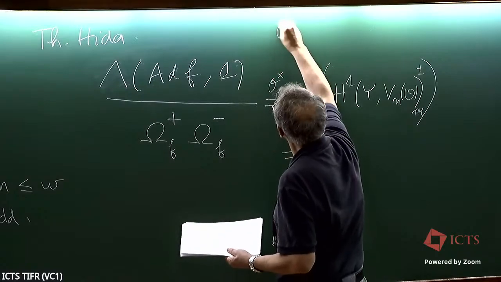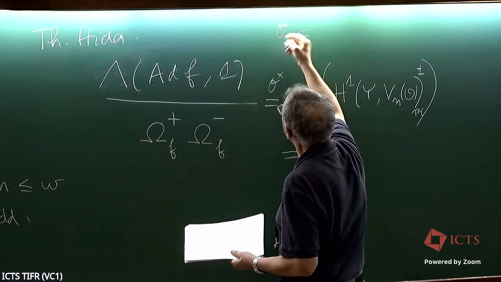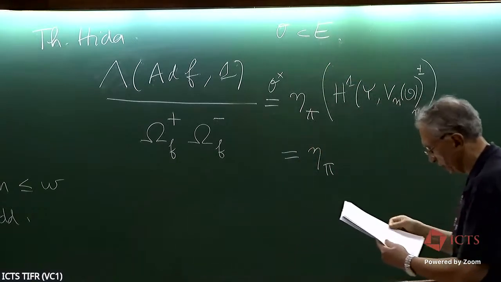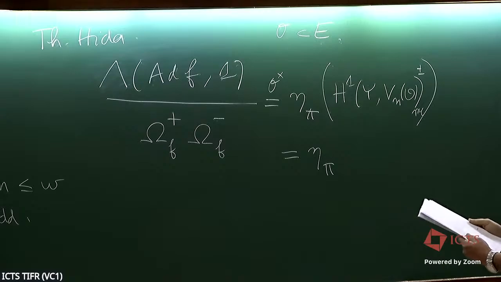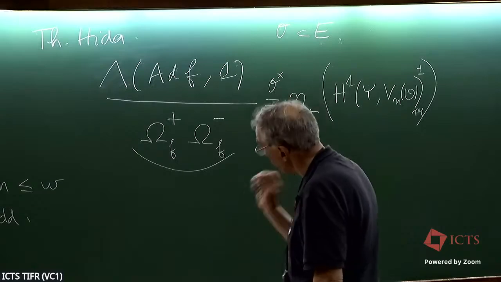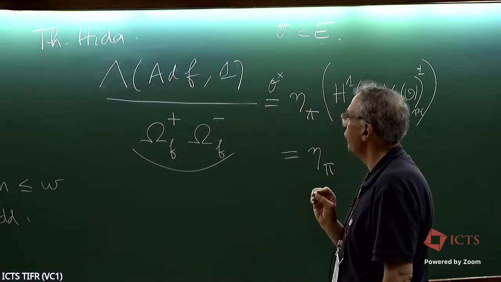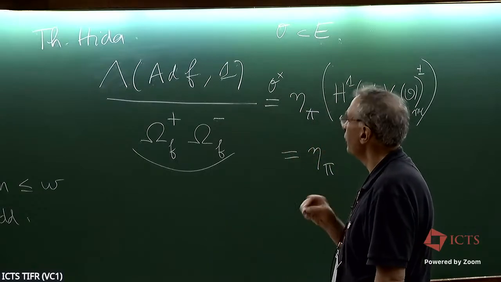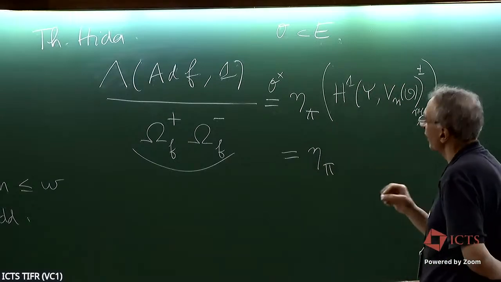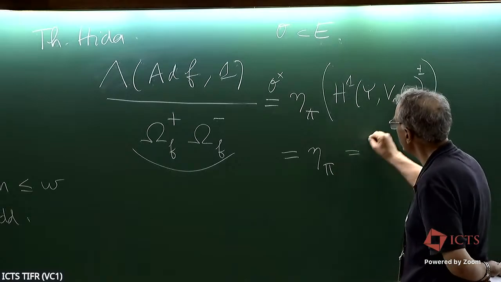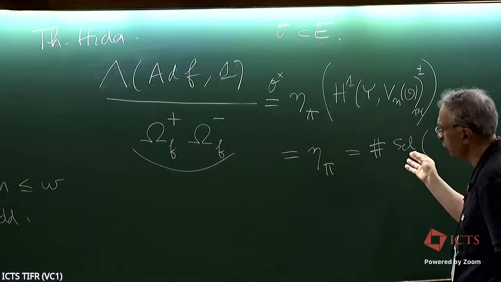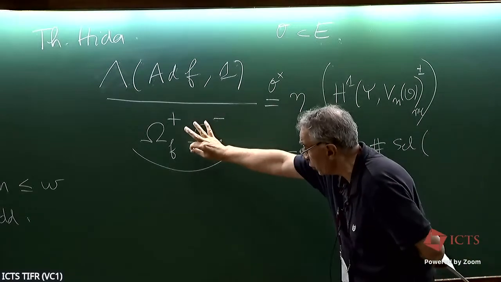O is the valuation ring at some place dividing P inside the Hecke field E. So this is a perfect substitute of the Bloch-Kato period because, assuming some Taylor-Wiles assumptions, this is exactly the cardinality of Selmer, which I mentioned, but we don't need that. But I just tell you that this is a perfect substitute.